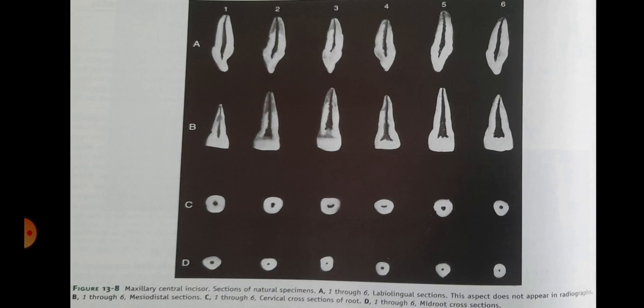If prominent mamelons, which you can see in figure 13.8b, have been present, it is not unusual to find definite prolongations or elongations, or pulp horns, in the incisal regions of the teeth. You can see this in figure 13.8b, 5 and 6.